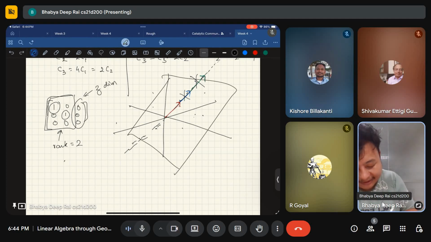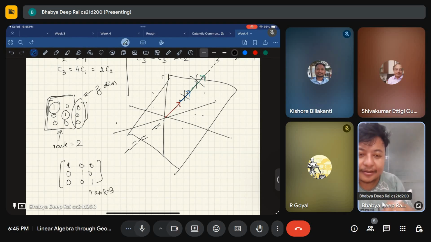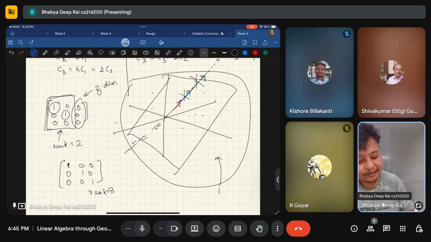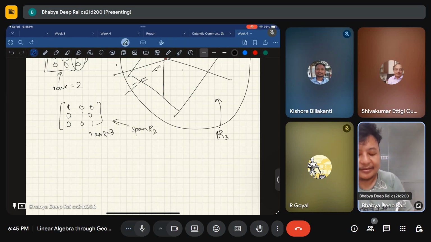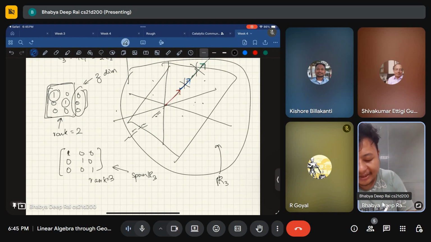But if it so happens that you get 1 0 0, 0 1 0, 0 0 1, what is the rank here? Rank is 3. This set of vectors can travel anywhere in R3, and is said to span R3. For example, the earlier one can only travel in a plane, so it is said to span R2.